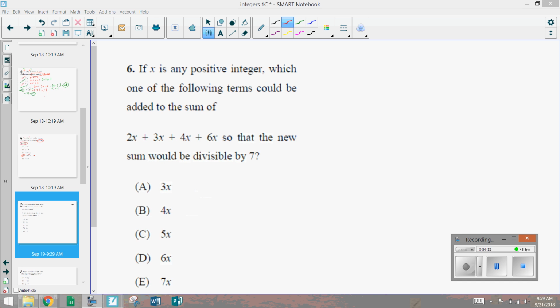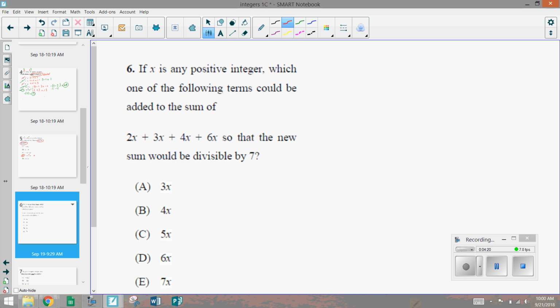Okay. X is any positive integer. Which of the following terms could be added to some of that? So the new number will be divisible by 7. Okay. So we're going to, once we add them all, what we're going to get?